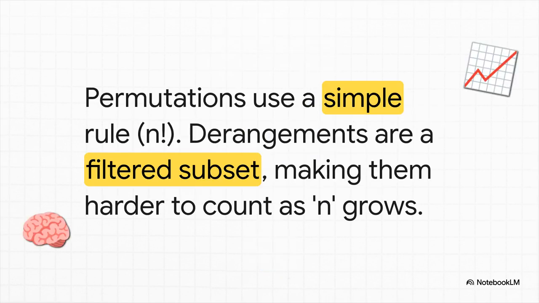Well, the answer is in the logic. Counting all the permutations is easy. It always follows that simple factorial pattern of multiplying n times n minus 1 and so on down the line. But derangements are a filtered subset. We have to actively find and then exclude any arrangement where there's a match. And as the number of hats gets bigger, the number of potential matches we have to check for and kick out gets mind-bogglingly complex.